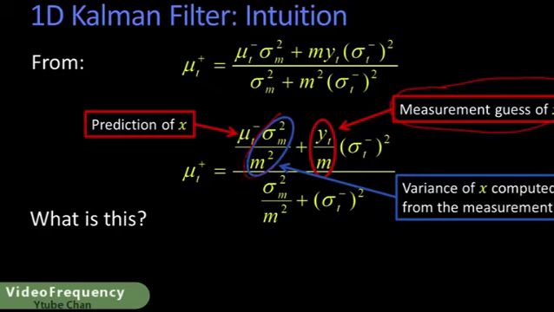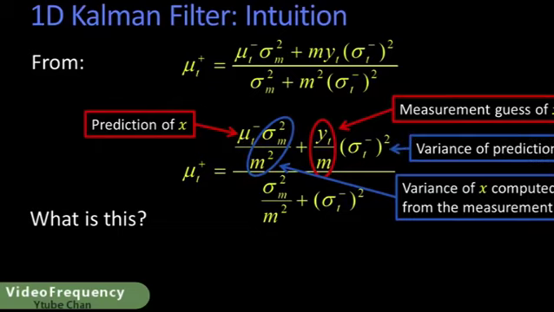The variance of that is sigma squared m over m squared, because y was just mx. So that quantity there, circled in blue, is the variance of x computed from the measurement. And the last term, sigma t minus squared, is the variance of the prediction.